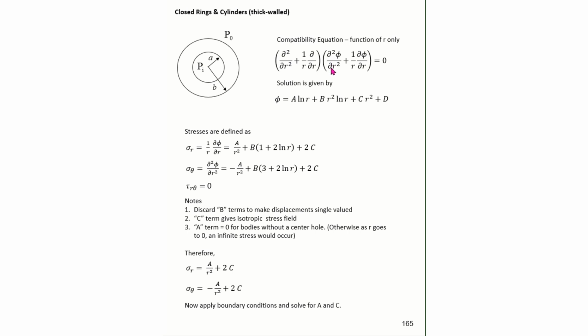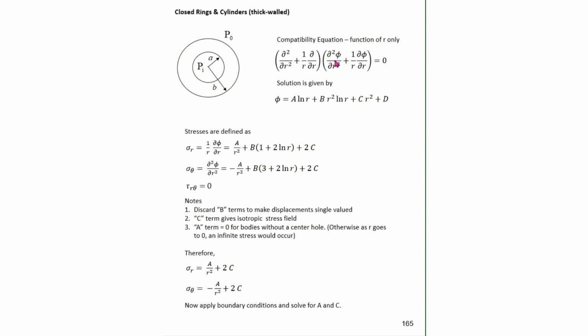We note that it is only a function of r. So the solution to this fourth order partial differential equation will have 4 constants of integration that need to be determined from boundary conditions. Note that we don't have any time involved in this expression, so we don't have temporal conditions, but we have boundary conditions.